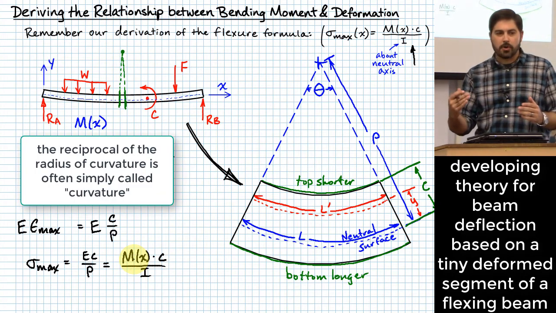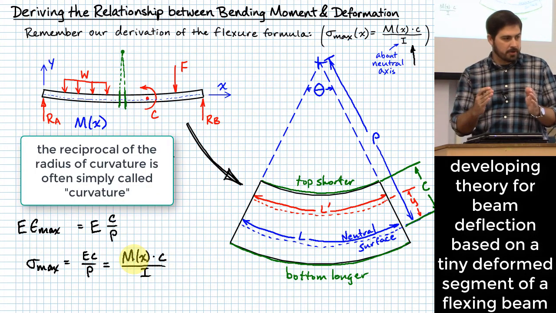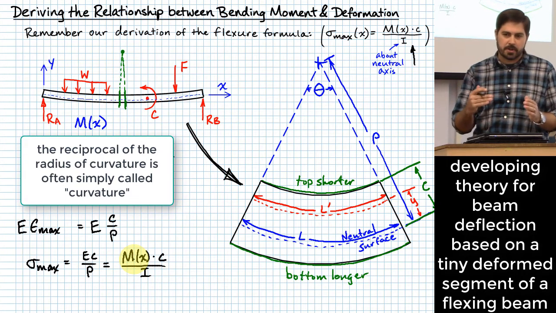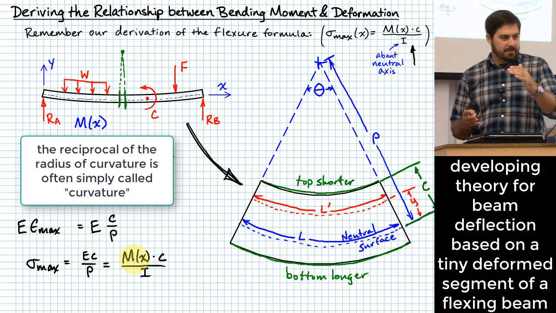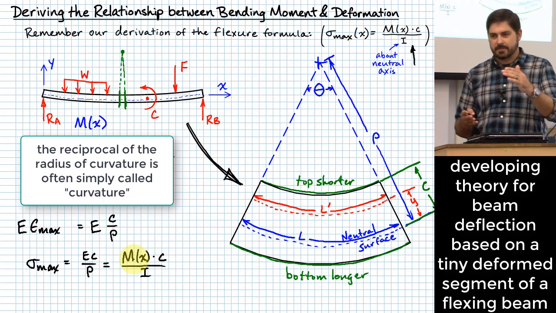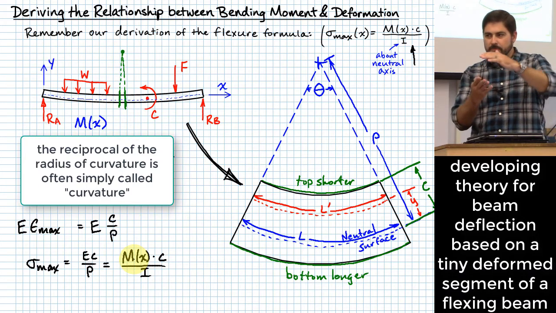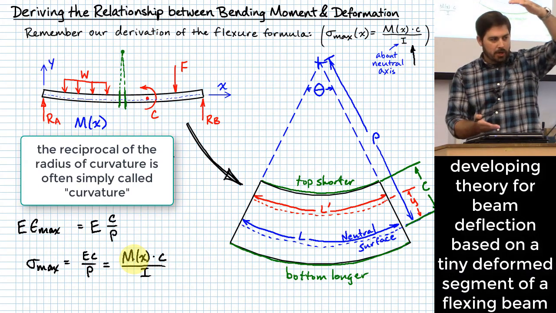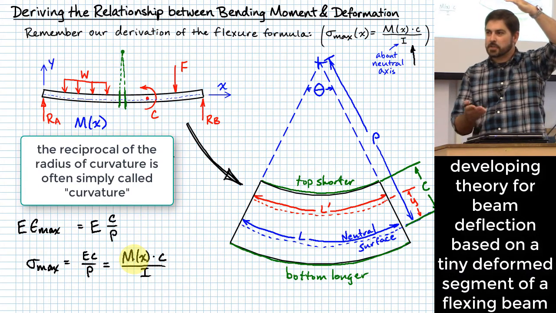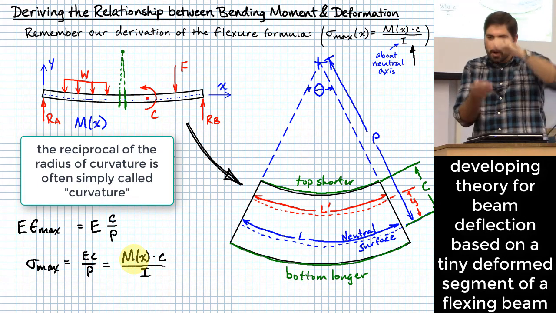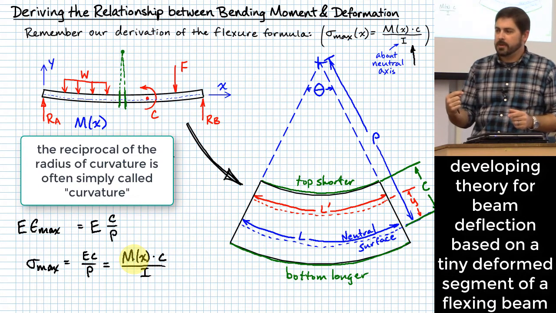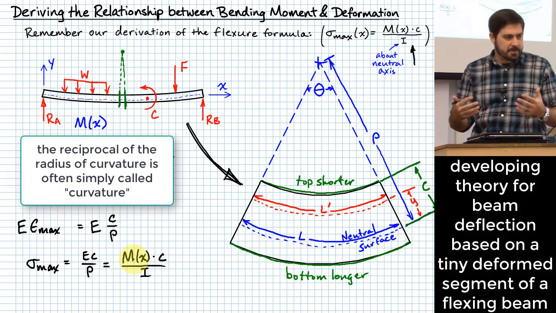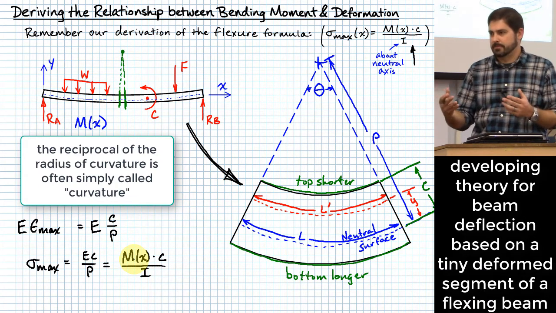Sometimes 1 over rho is actually called just curvature. Because if you think about radius of curvature, when radius of curvature gets larger, what does that mean for how curvy the thing is? If the value of the radius gets bigger, then it's actually less curvy, right? If it gets smaller, it actually is a tighter curve. So sometimes 1 over rho is simply called curvature as opposed to radius of curvature, okay?